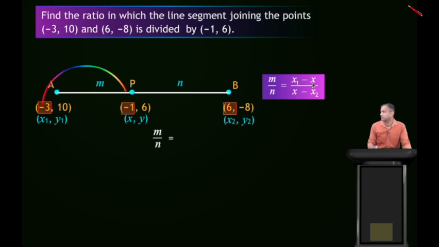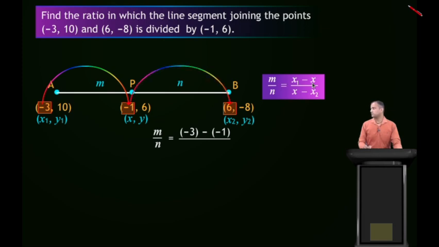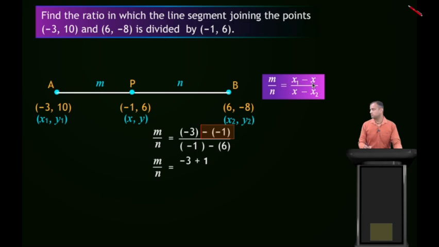Now put all the values x1, x2 and y1, y2. So it is minus 3 minus (minus 1), then minus 1 minus 6. So from here you can get the value.